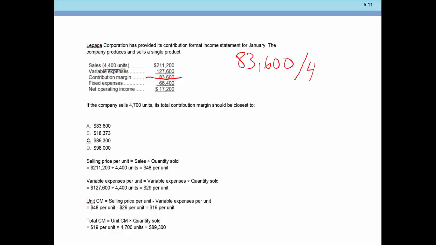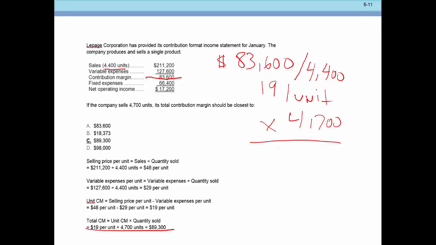So if you take that $83,600 and divide it by the 4,400 units, you should come to a $19 per unit contribution margin. Right? Okay. Once you get that $19 per unit contribution margin, then you just do what they did down here, which is multiply that by the number of units they said they were going to sell, which is what? 4,700. So the contribution margin should be $89,300, right?